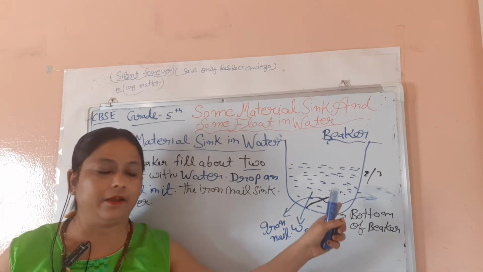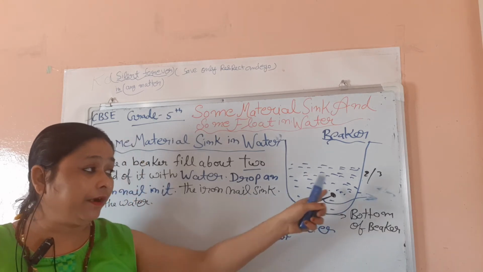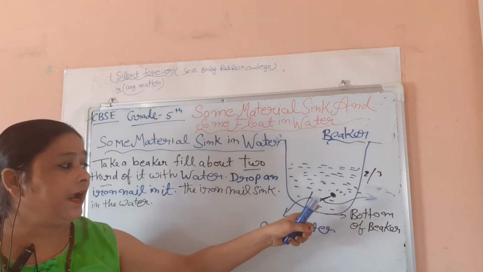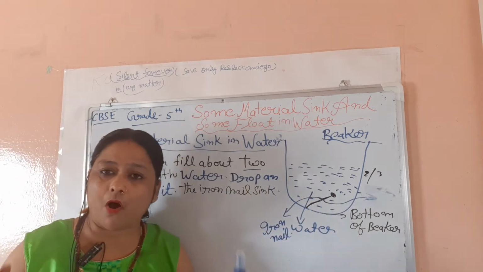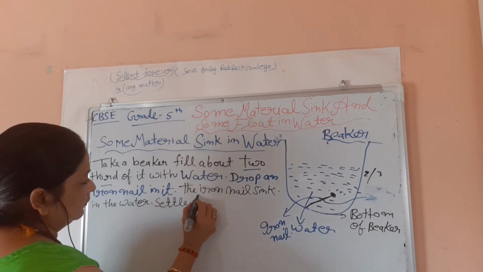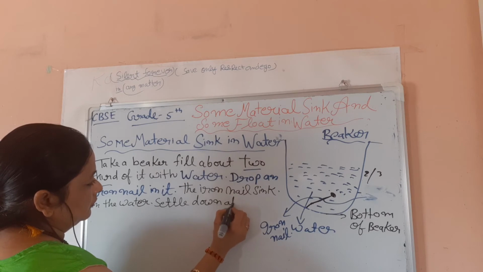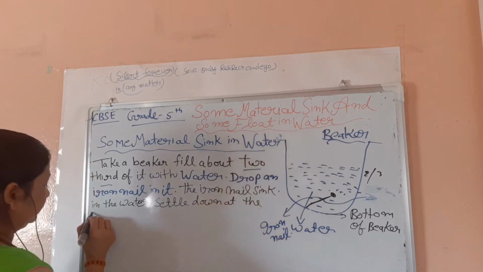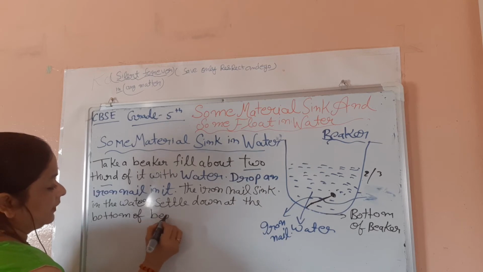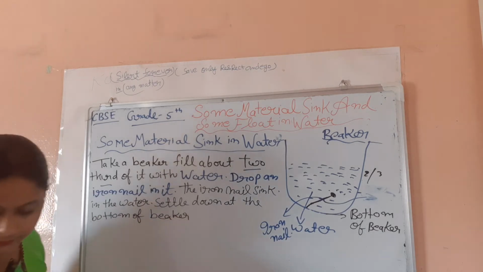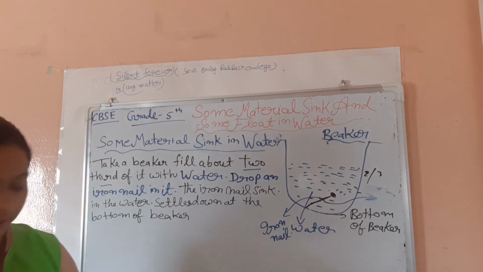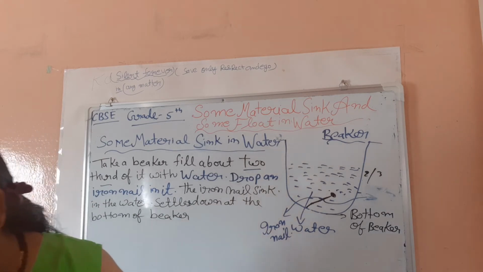You can see in this diagram the iron nail sinks in the beaker and settles down at the bottom of the beaker.